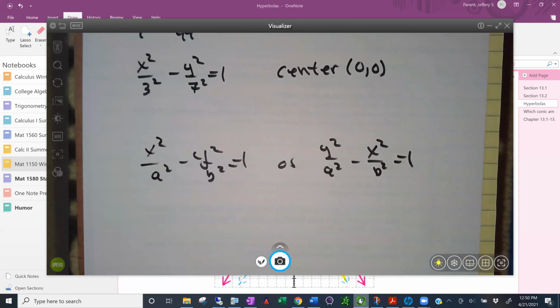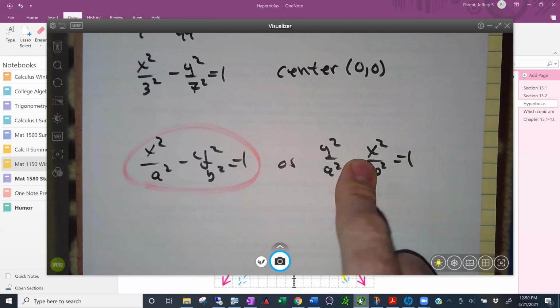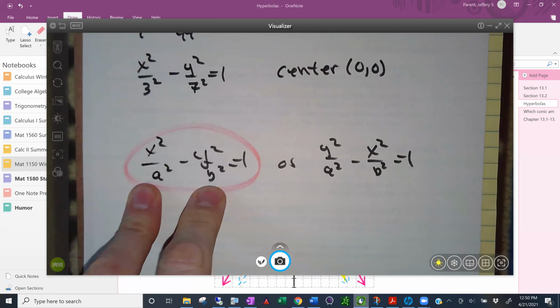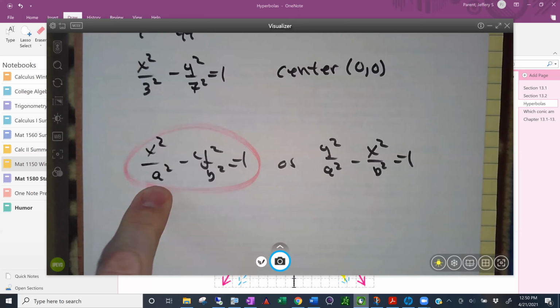First one or the second one? First one, because this one has to open left and right. Both of these have a center at 0 and 0, but this one opens left and right. So now it's a matter of determining A and B.